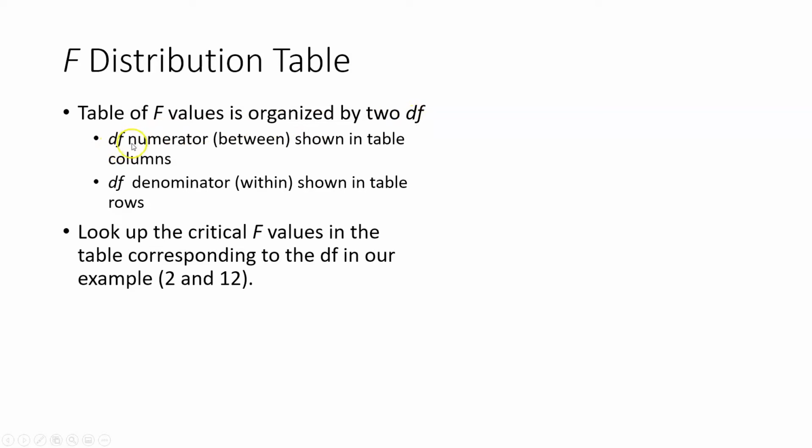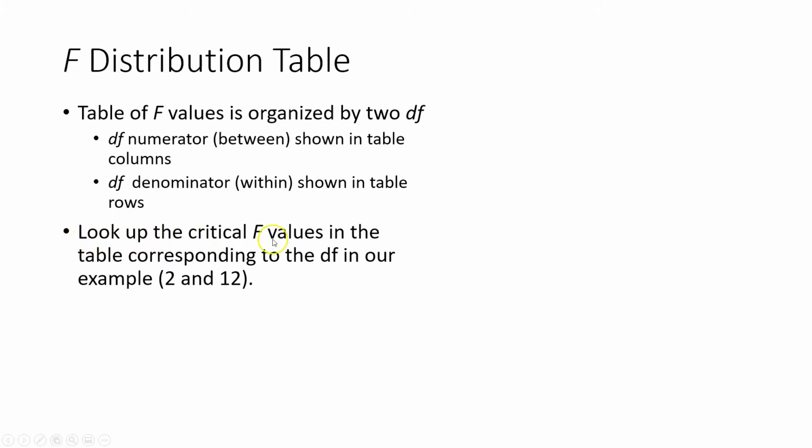It's labeled in the table as numerator and denominator. I hope that you've printed it so that you can write in on the table between and within, because those are the words we're going to be using, and it's a little confusing to have the table labeled numerator and denominator. So just pencil in, next to the numerator, between, and next to the denominator, within.